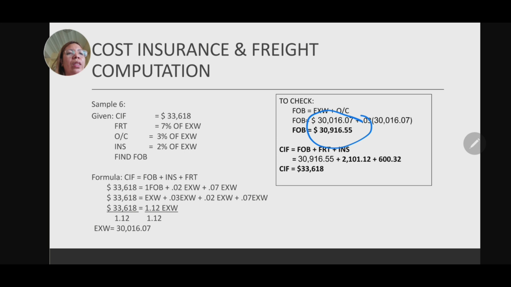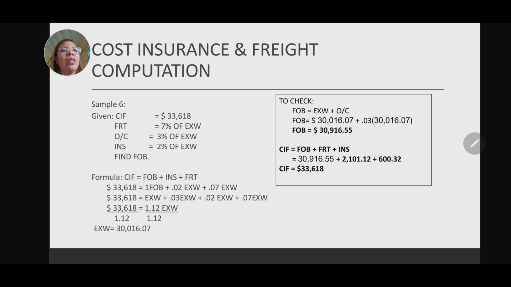Okay, we just need to get the value of the freight, wherein freight is equal to Ex works times 0.07, which is 7%, and you'll get 2,101.12. And then for your insurance, that is 2% of Ex works, so 30,016.07 times 0.02, you'll get 600.32.